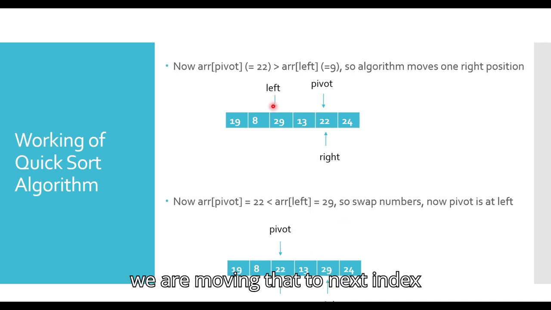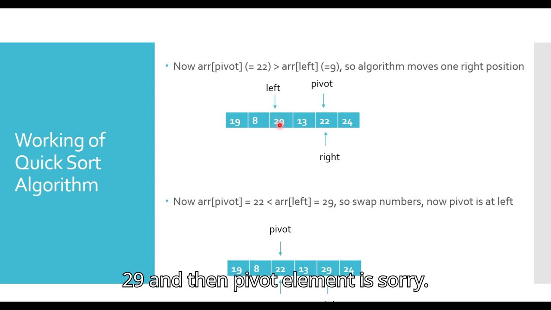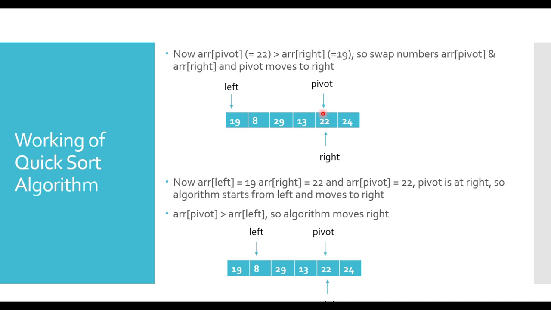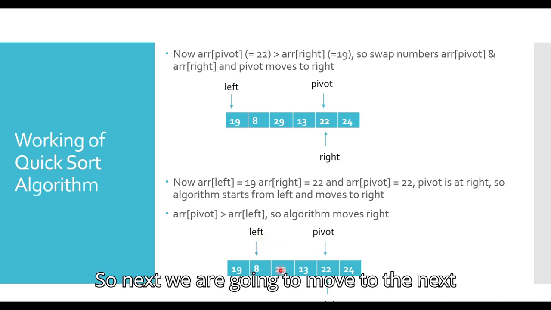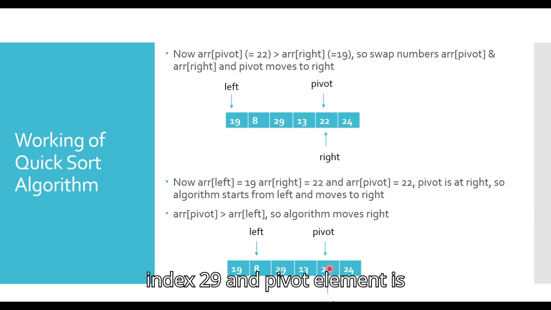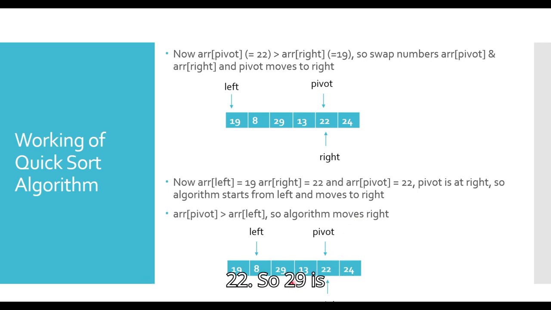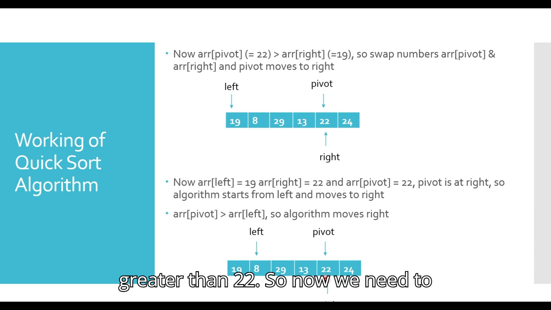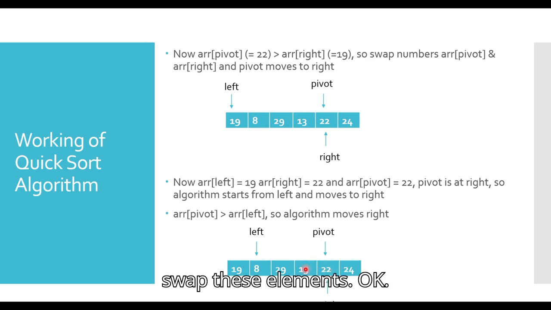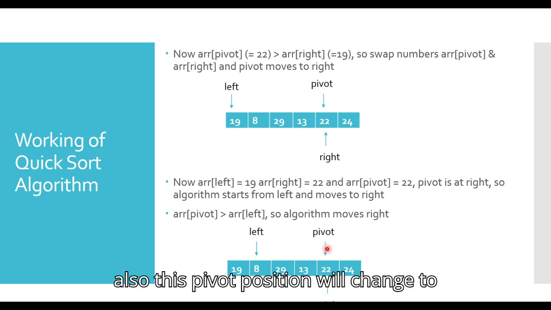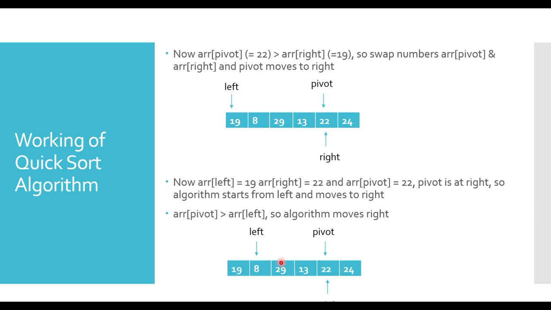Then we move to the next index, 29, and the pivot element is 22. 29 is greater than 22, so now we need to swap these elements. In place of 29 we will get 22, and in place of 22 we can see 29, and the pivot position will change to the third index.